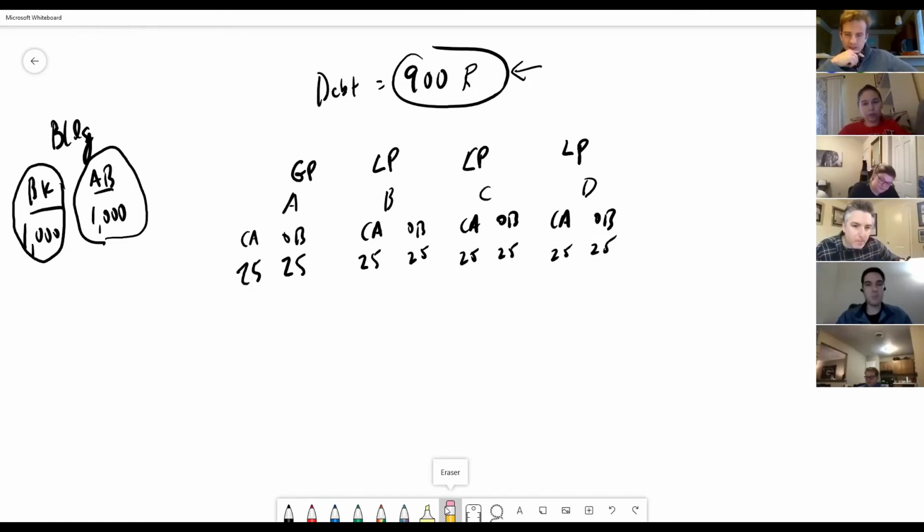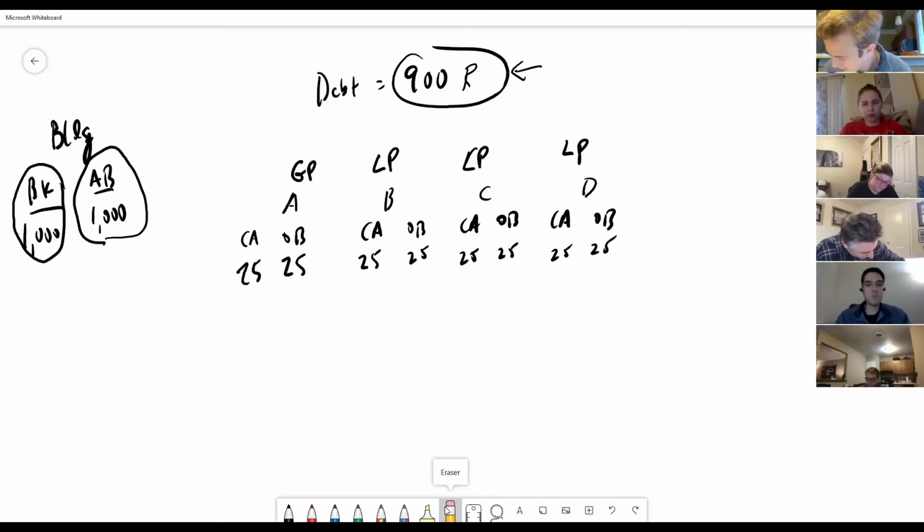And the partnership will say, well, we got nothing to pay, so partnership can't pay it. The LPs will say, well, we're limited partners under state law. We're not responsible for the partnership debts. And the GP is not going to be able to say that. So under C, the GP bears what's called the full economic risk of loss.